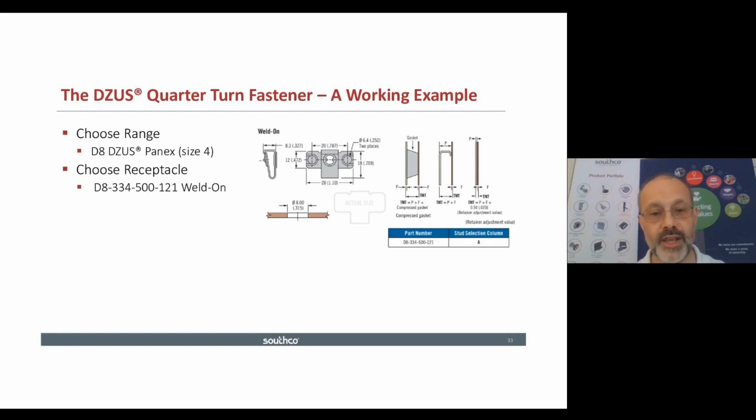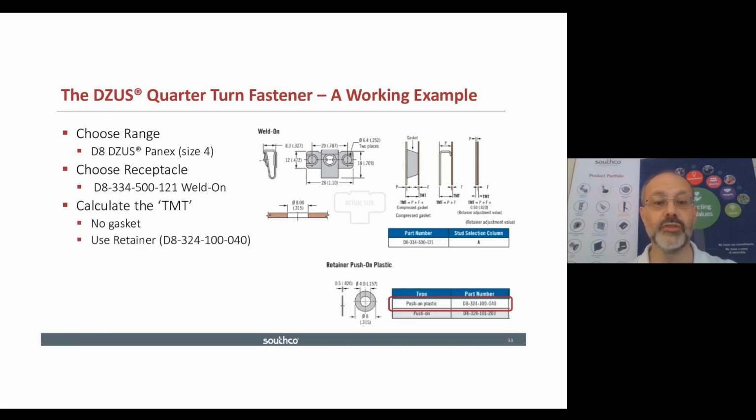Where you don't have rear access, you probably need to choose a different receptacle. So I've chosen the D8-334-500-121 receptacle. And now I need to calculate the TMT, the total material thickness.